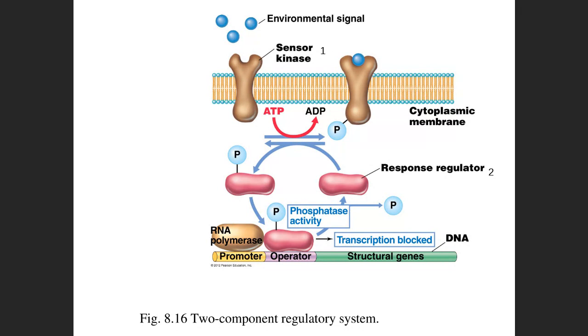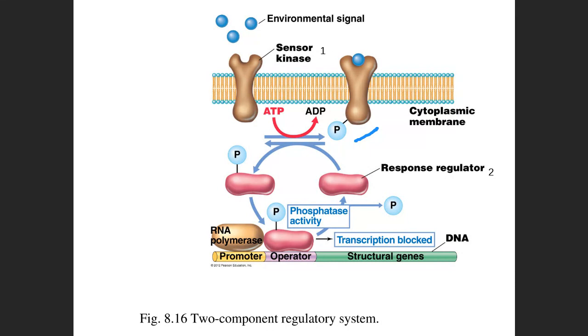So now this kinase is putting the phosphate onto the response regulator. So now the phosphate is put onto here, and this response regulator becomes phosphorylated. And the phosphorylated response regulator is capable of binding to the operator.